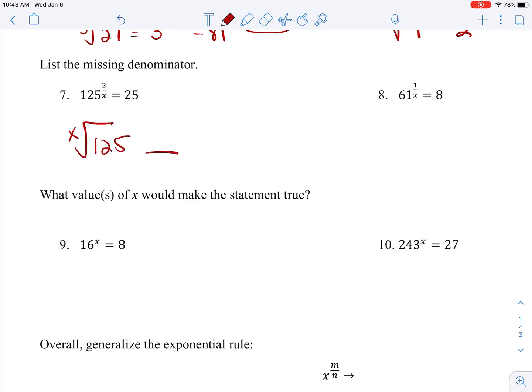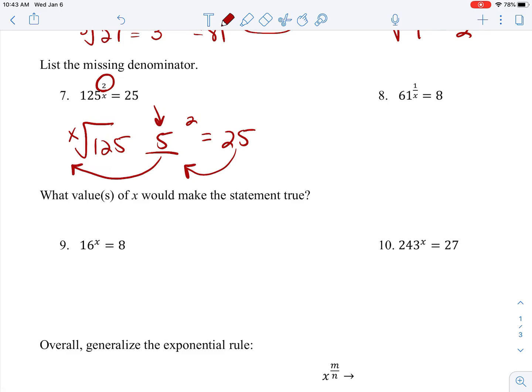Whatever this number is, we square it and we get 25, and I'm getting the square from that numerator. Well, I can work backwards. What squared is 25? That's 5. And so 5 is what root of 125? That's 3. So the root here is 3.